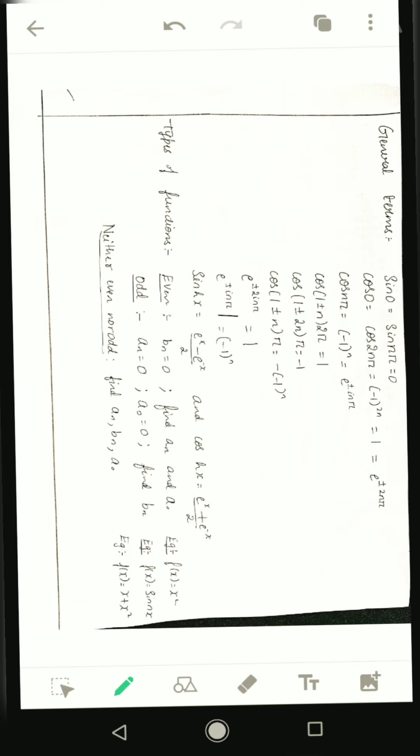So these are the terms you should remember. That is sin 0 equals sin n pi, which is 0. I'm not going to prove this, since my only focus is on explaining Fourier series.